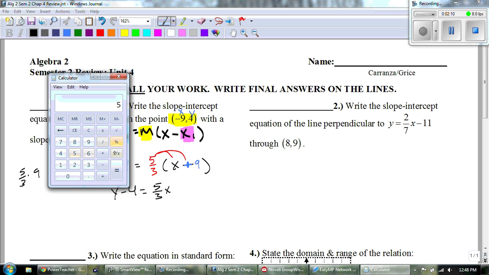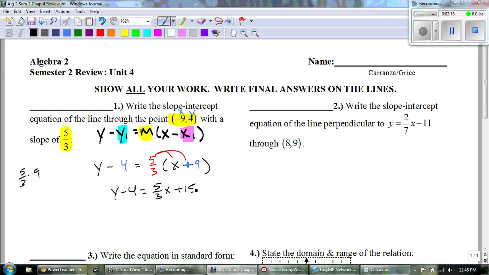So if I multiply the first two numbers and then I can divide, I'm going to get my answer. Okay, so that is a +15. Now to solve for y, we have to add 4 to both sides. And then we get our final answer of y equals 5/3 x plus 19. And they asked us to write the final answers on the line. So y equals 5/3 x plus 19.